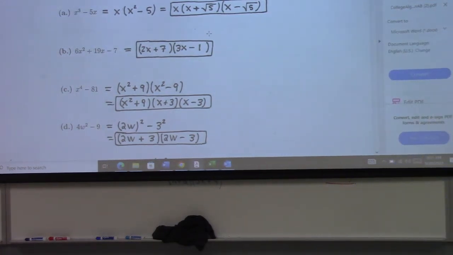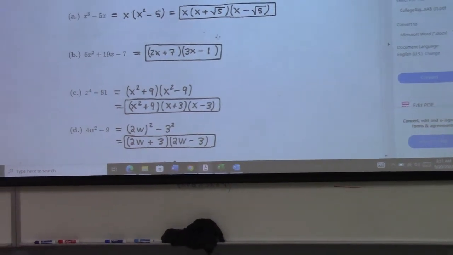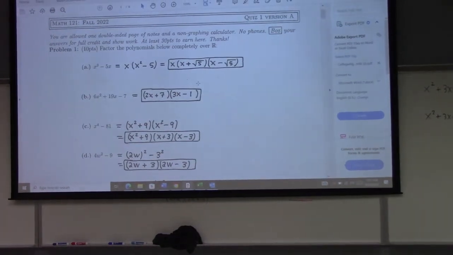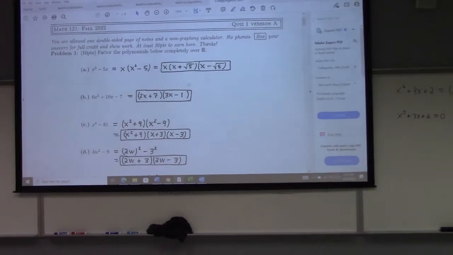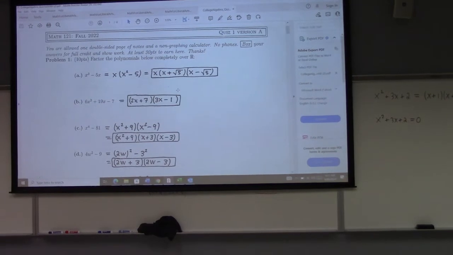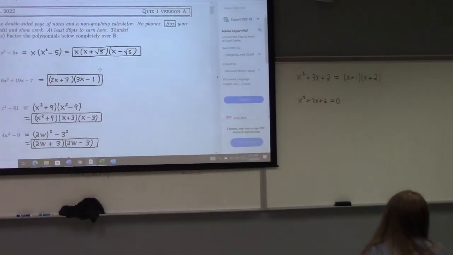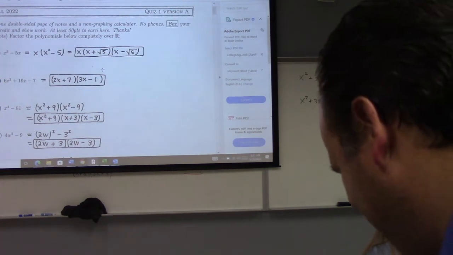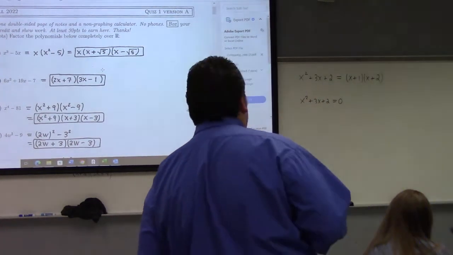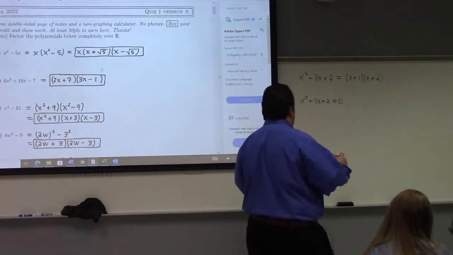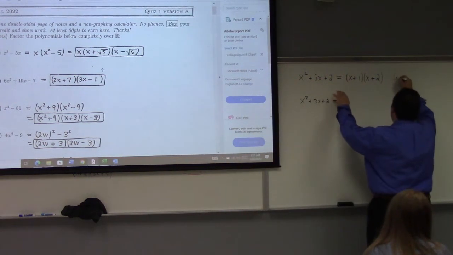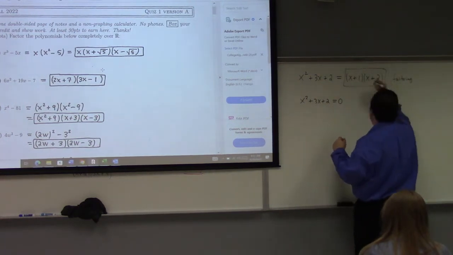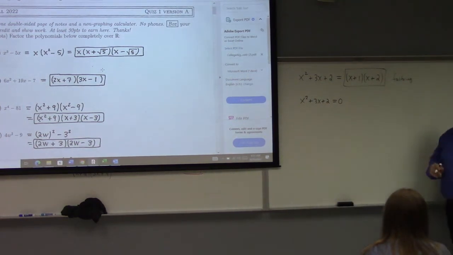Factoring, you begin with an expression, you end with an expression. So the answer is an expression. There's no equals 0 in the factoring problem.